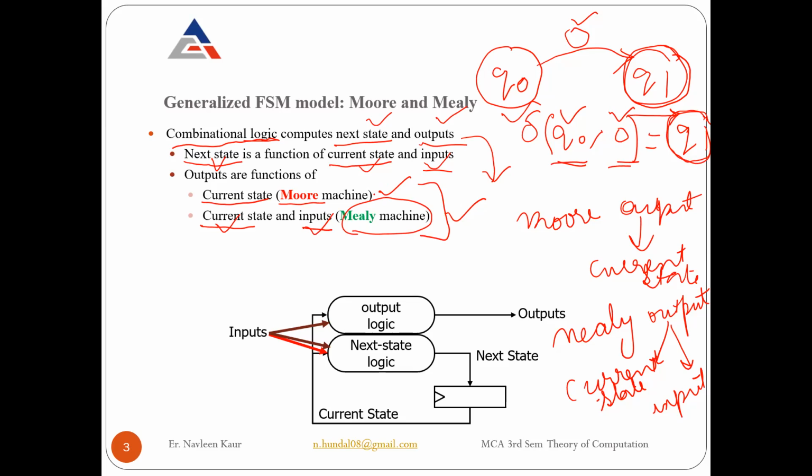That applies to both. For a Moore machine also, the next state depends upon the current state and input. For a Mealy machine also, the next state depends upon the current state and what input it gets. The only difference is in the outputs. The outputs of a Moore machine depend upon the current state only. The outputs of the Mealy machine depend upon both current state and input.